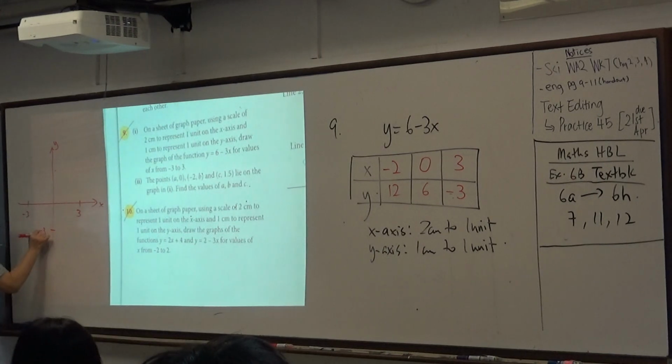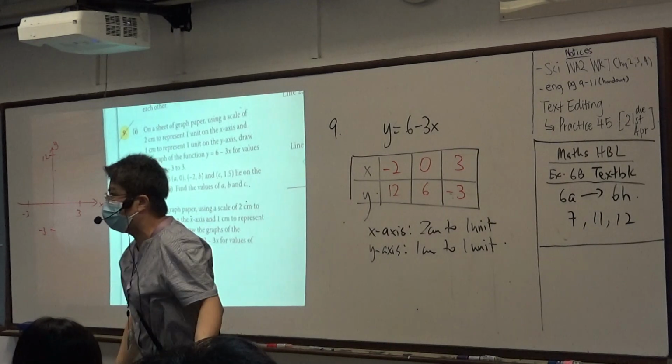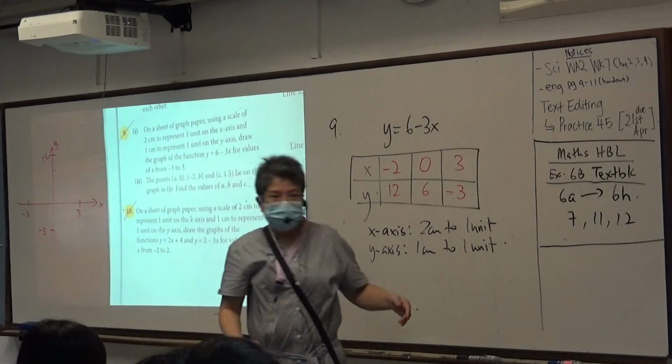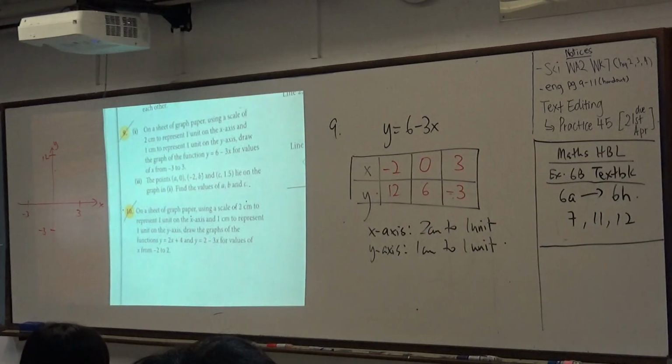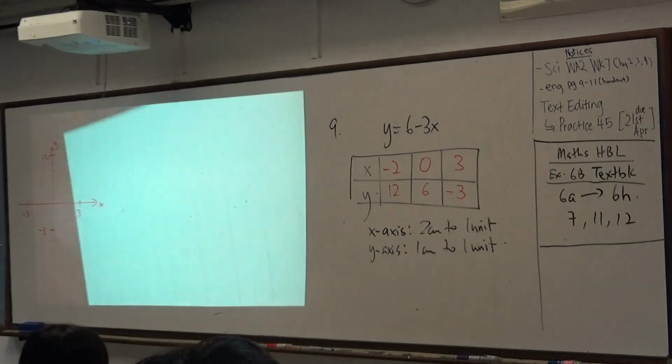It must be from -3 to 12, right? That means there must be a lot on top and slightly less below. I told you the axis must be adjusted, right? You don't say I want to start in the middle, then cannot. Nobody is to draw. I want everybody to look at the board.